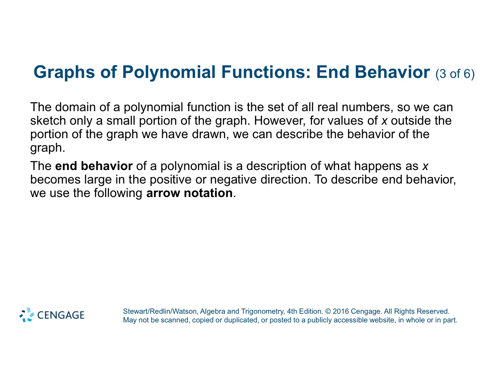The end behavior of a polynomial is the description of what happens as x becomes larger in the positive and negative directions. To describe the end behavior, we use the following arrow notation. So what's the arrow notation? It's x approaches infinity.